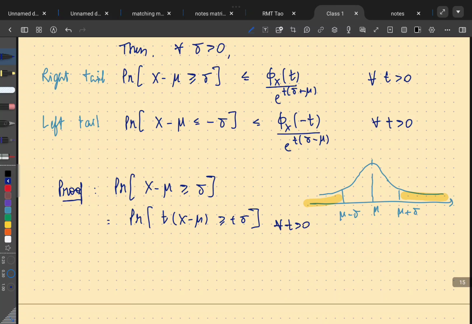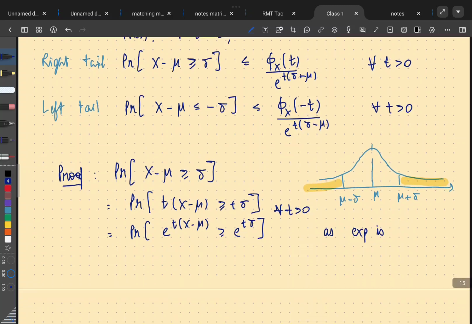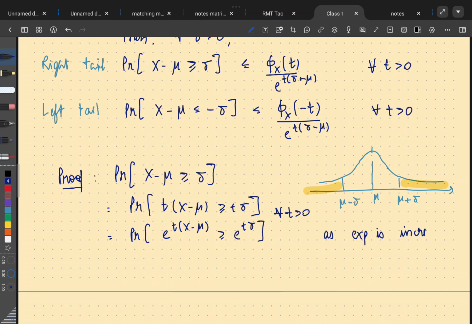These two events are exactly the same. And since the exponential function is monotonically increasing, this is equal to the probability that e raised to t times x minus mu is greater than or equal to e raised to t times delta.